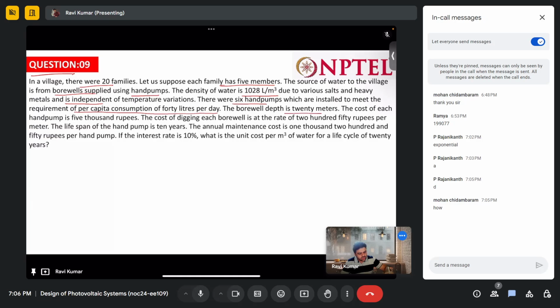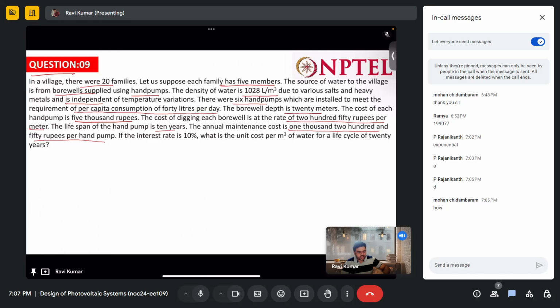The cost of each hand pump is 5,000 rupees. The cost of digging each borewell is at the rate of 250 rupees per meter. The lifespan of the hand pump is 10 years. The annual maintenance cost is 1,250 rupees per hand pump.